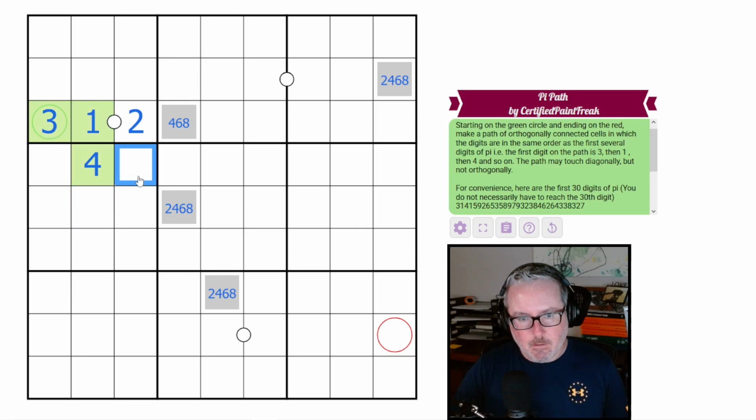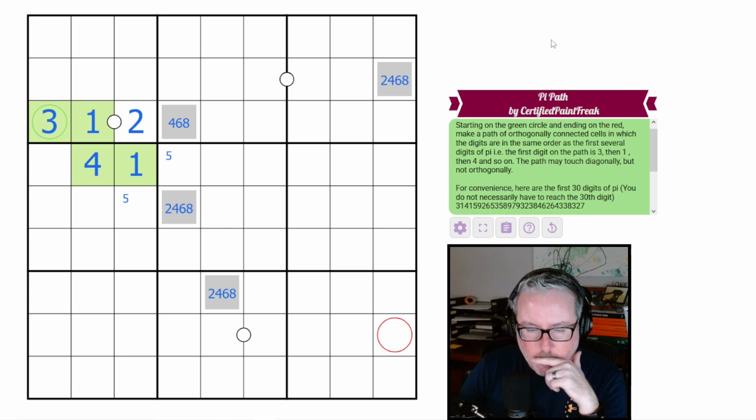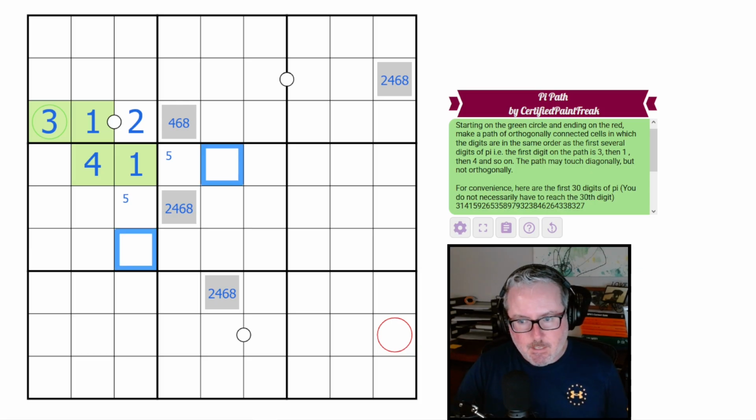We can't go down here to repeat, so this is 1. Now the next step is going to be a 5. So one of these two is a 5. And then it goes to a 9, which means one of these is the 9.